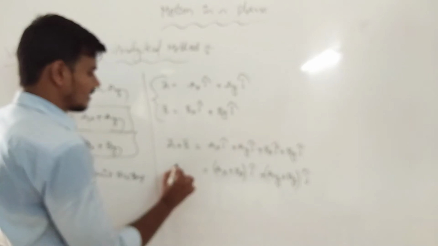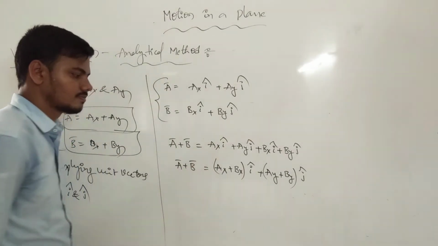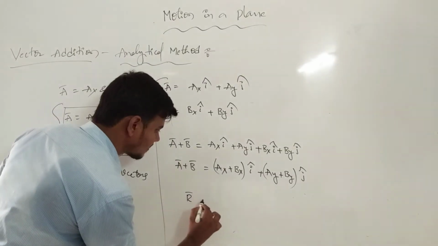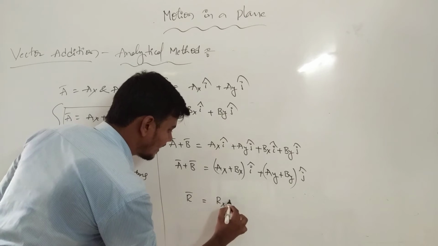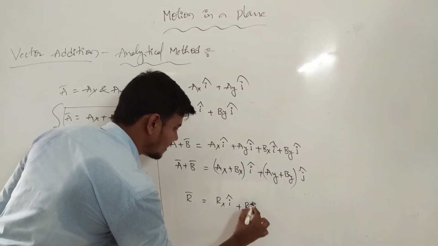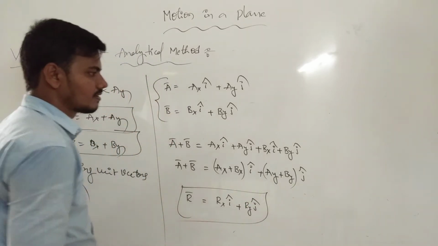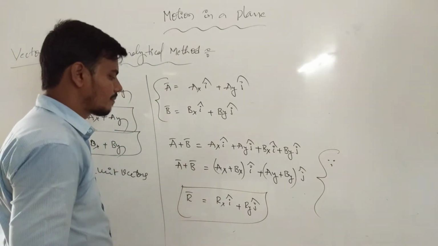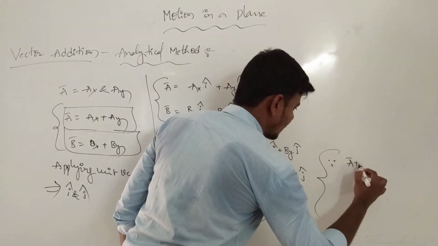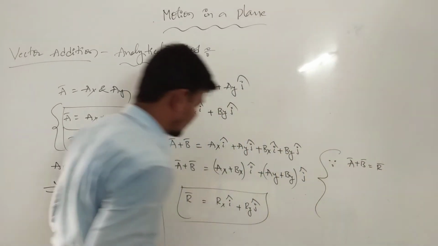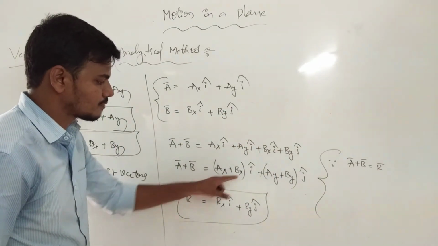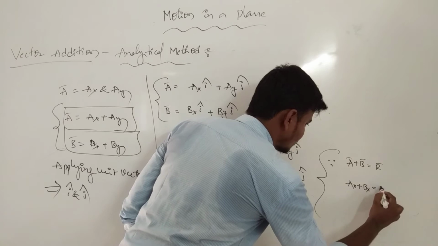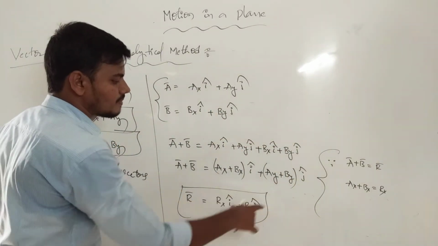This is A bar plus B bar. Since the resultant R bar is equal to Rx i cap plus Ry j cap, A bar plus B bar is equal to R bar. First, Ax plus Bx is equal to Rx. Now Ay plus By is equal to Ry.